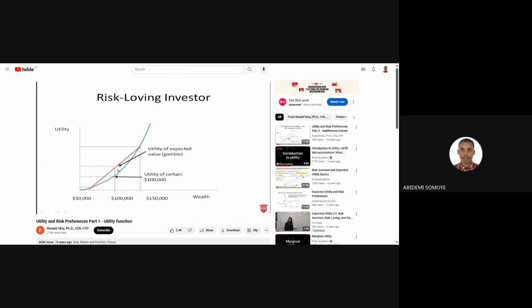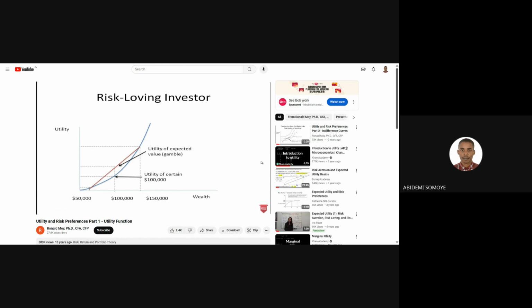So these are people who would rather take the gamble than to take the certain amount. So they exhibit different kinds of behavior. And again, we see this example in certain kinds of behavior, but usually at smaller levels of wealth. So actually the utility function might be bowed upward this way, curving this way at low levels of wealth, and then showing diminishing marginal utility of wealth at higher levels of wealth.